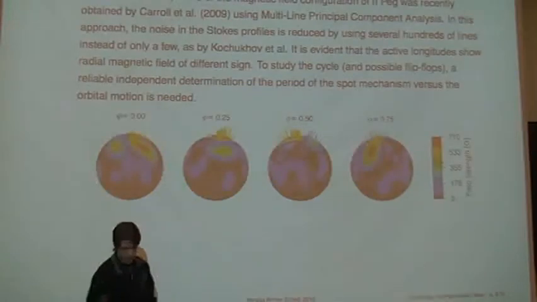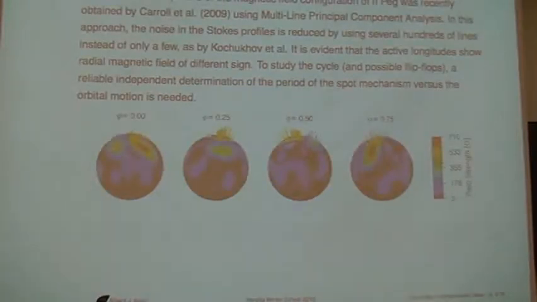However, this is not all. There's an independent method by Torsten Carroll and collaborators, where they use a different approach to the problem. The previous maps usually use just a few lines, of the order of half a dozen maybe.